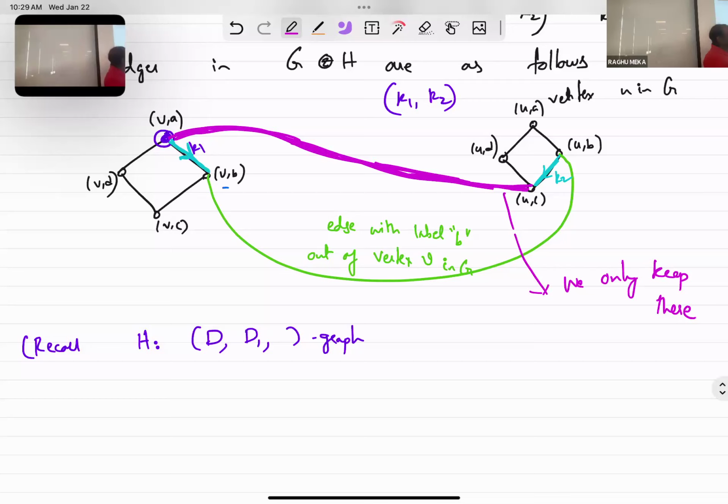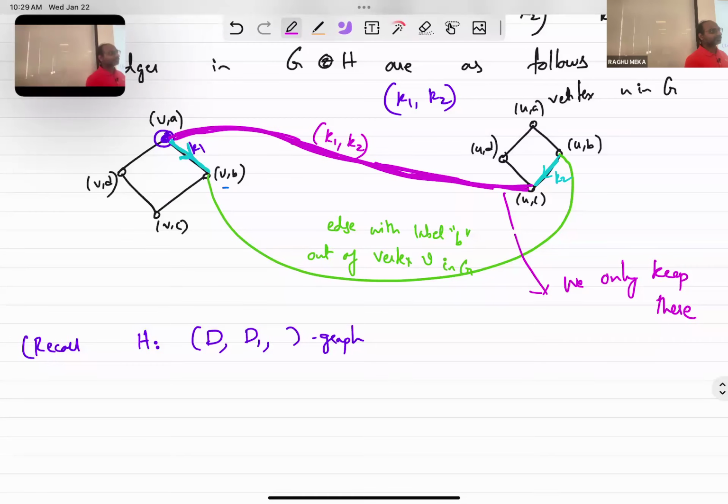And you should think of this purple one as having the label K1 comma K2. Within ones, yeah, there are variations where you don't remove them, but I think removing them is best, because that way you'll get the degree to be exactly D1 squared and everything is kind of clean and you can repeat it.